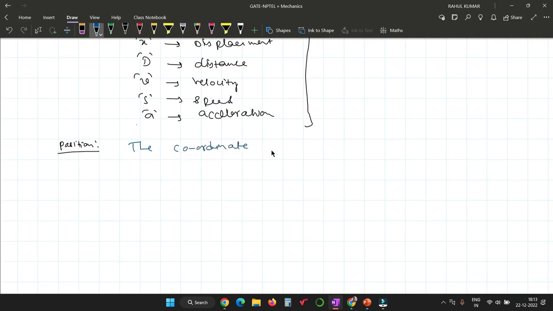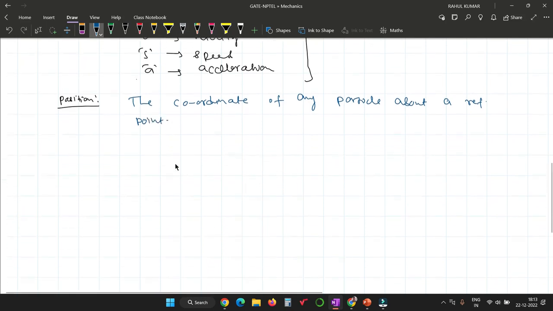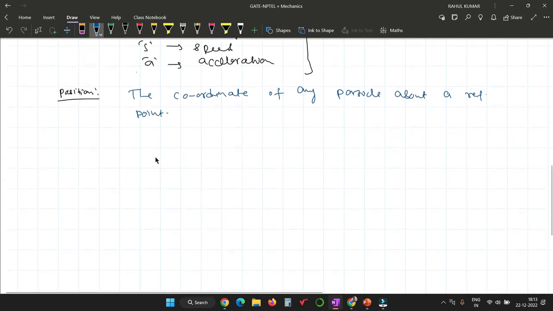the coordinate of any particle about a reference point. Okay, so when I talk about straight line motion, suppose I am assuming that this point O is the reference point.